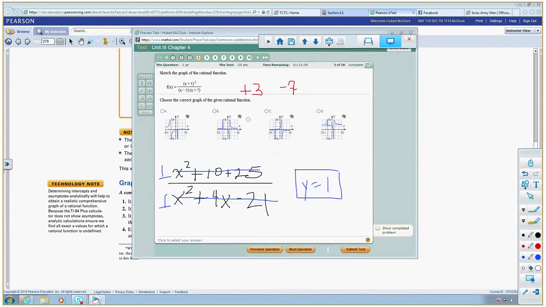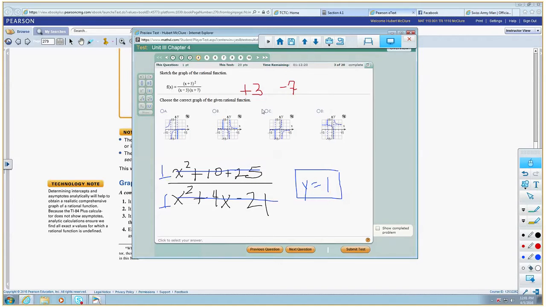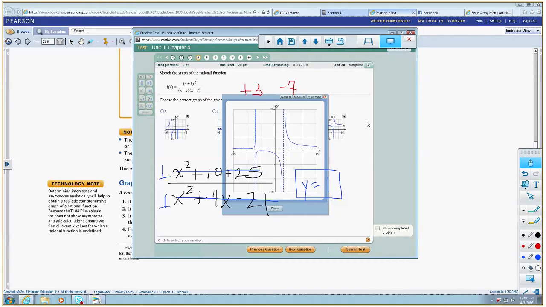So now let's go back. Let's look at the first one. Need a horizontal line at 1. What's that horizontal line at? 0, right? So that ain't it. That isn't it. How about this one? Possibility. Yep.